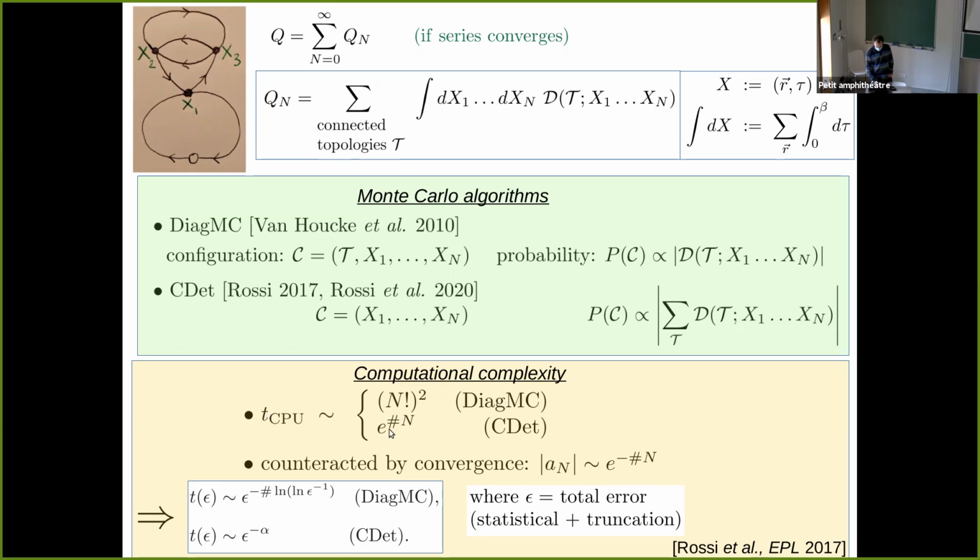But on the other hand, if the series is convergent, which is often the case for fermions, then the contribution itself decreases exponentially with order. So yes, it's exponentially hard to go to high orders, but because of this exponential convergence, you don't need to go to very high order to get an accurate result. So in the end of the day, for CDET, it's just a power law, polynomial scaling of the CPU time as a function of the total error epsilon, which is a sum of the statistical error and the truncation error.